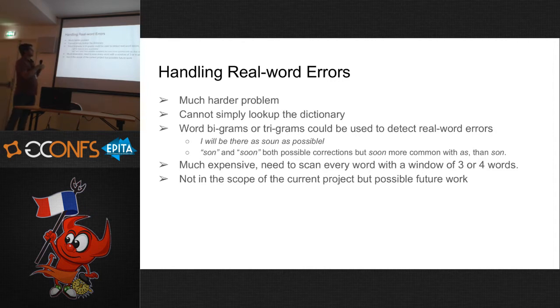For example, if the sentence is I'll be there as soon as possible, but soon is misspelled, now there are two possible corrections, sun and soon. But based on the pattern, we know that as soon is much more likely as compared to as sun. So based on these kinds of heuristics, we can figure out, okay, this is not a correctly spelled word and we should replace it with this word.